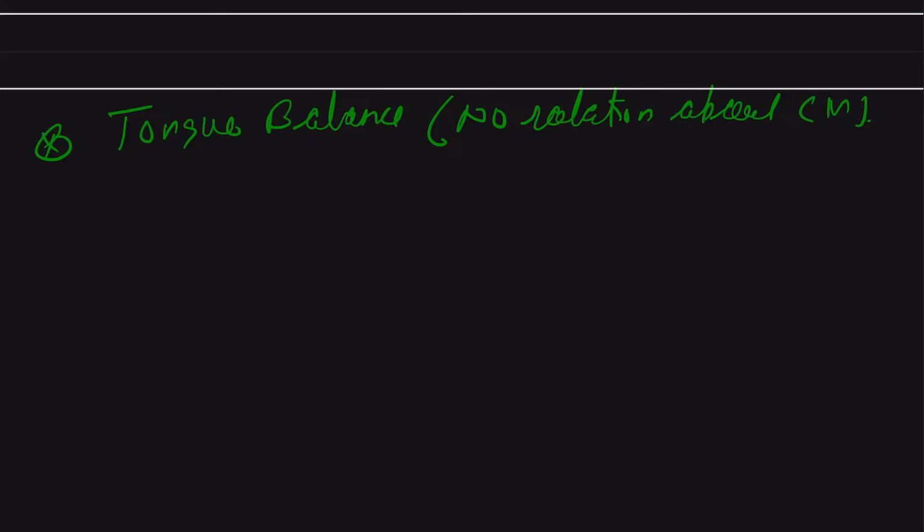So we can just draw it in the form of a table. This is a force, and then it will be our torque, the lever arm, and that is our value of the torque.